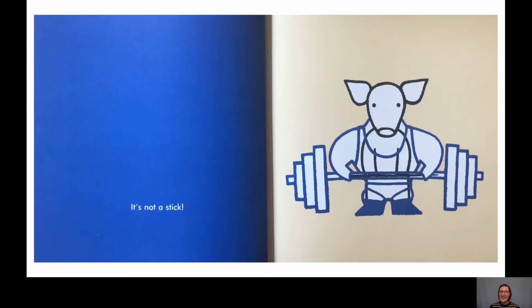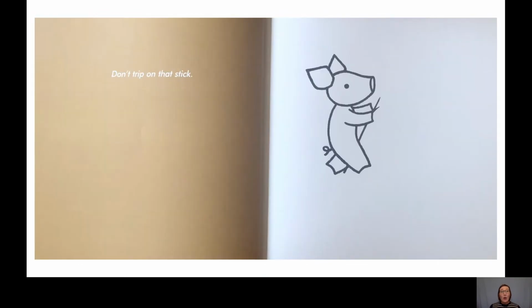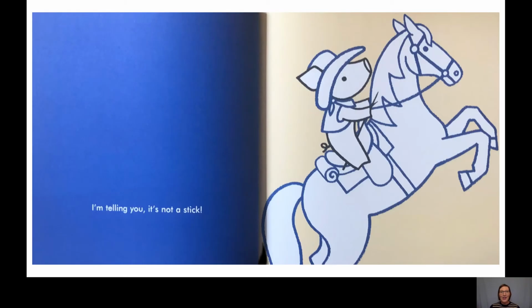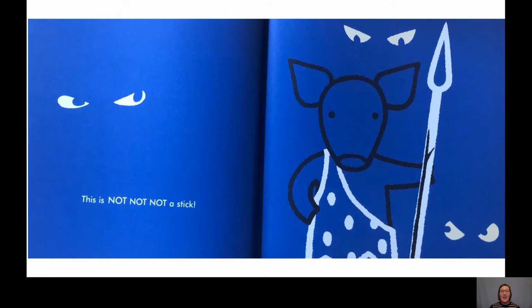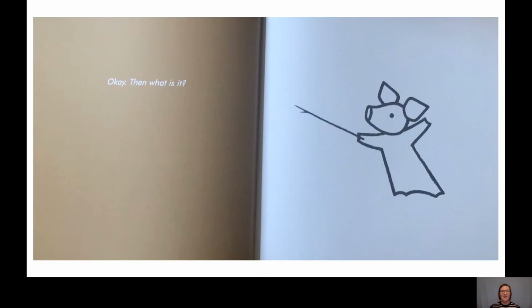It's not a stick. Don't trip on that stick. I'm telling you, it's not a stick. So, still standing around with that stick. This is not a stick. Okay then, what is it?